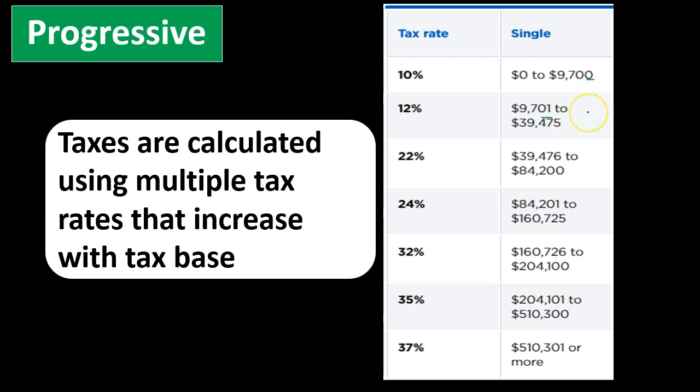We'd have the amount above, or the 9,701 to the 39,475, taxed at 12%, and then whatever amount is over 39,476 but doesn't get to the 84,200 would be taxed at 22%. And so just the amount that's over the 39,000 would be taxed at that higher rate.